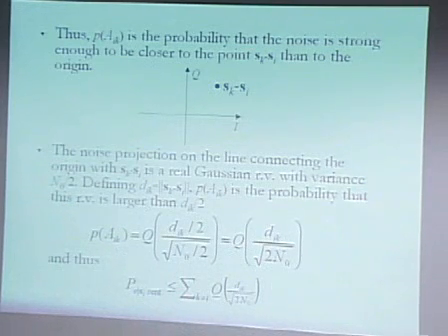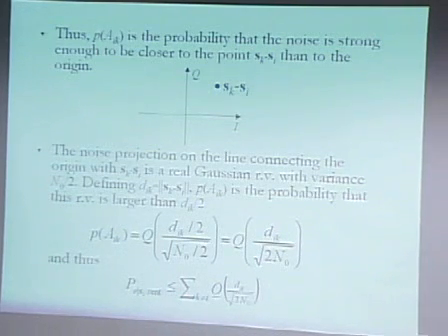So we can use the familiar Gaussian Q function to express this. Remember that to use the Q function, we put the argument on the top, and we divide by the square root of the variance, for zero mean random variables. So the probability that the Gaussian random variable is larger than some quantity is the Q function of that quantity divided by the square root of the variance.